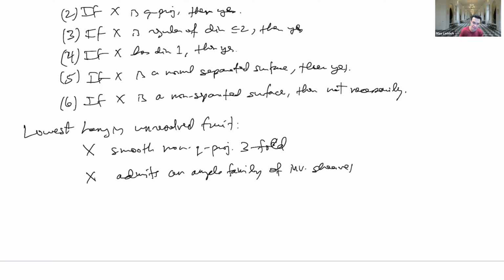It's really frustrating. Okay, Max, what's an ample family of invertible sheaves? It's a family of invertible sheaves so that for any coherent sheaf, you can find a sum of powers of them that surjects onto it. So it's sort of like if you have an ample sheaf, you can just take a sum of powers of this one sheaf and surject onto any sheaf with it. But for an ample family, you can't necessarily rely on any one of them. You have to rely on all of them together.